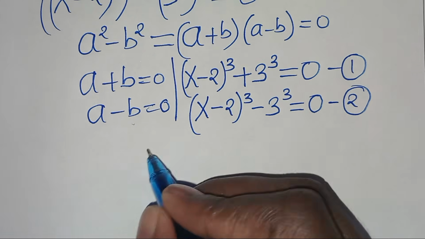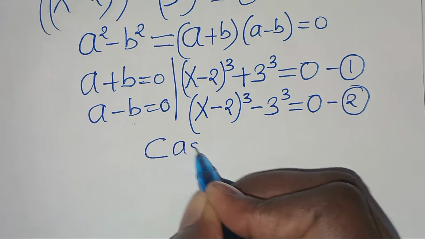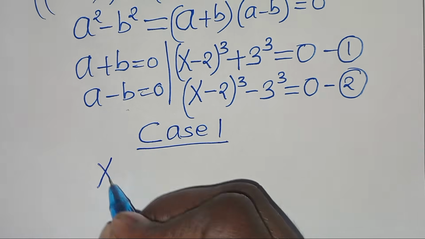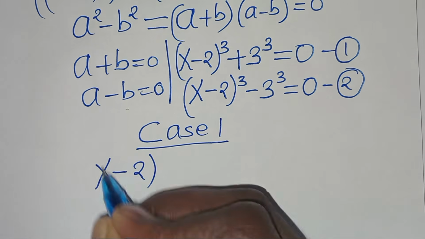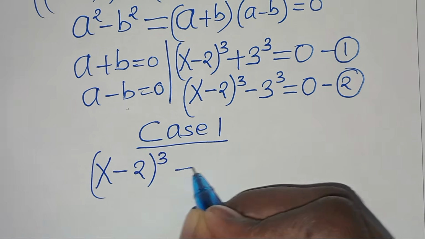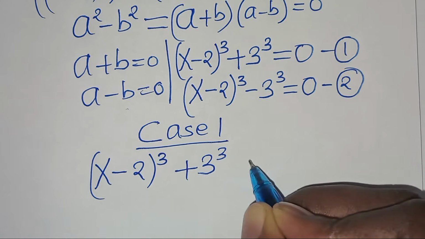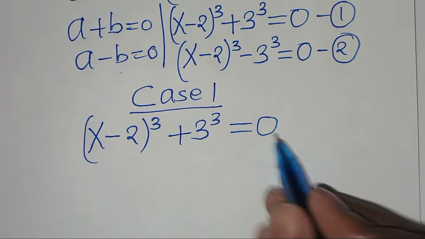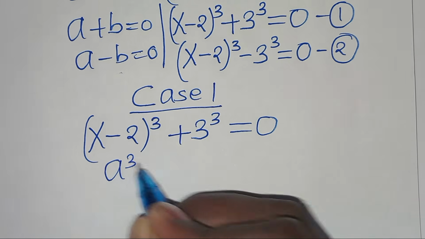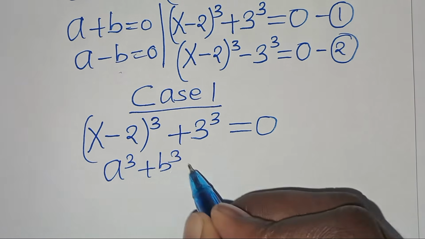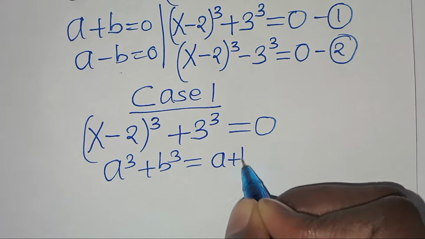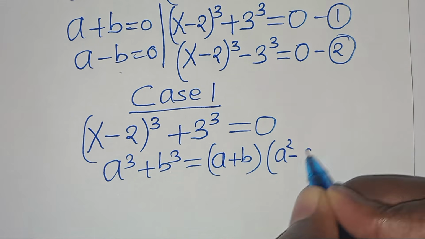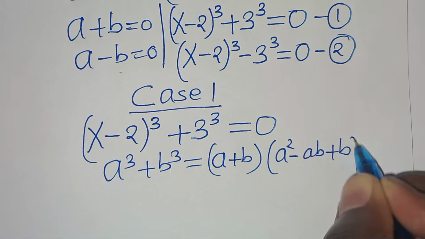Now let's start with equation 1, which is case 1. We have (x - 2)^3 + 3^3 = 0. This equation is in the form of a^3 + b^3, and this can be expressed as (a + b)(a^2 - ab + b^2).